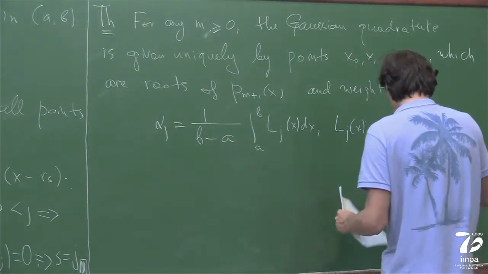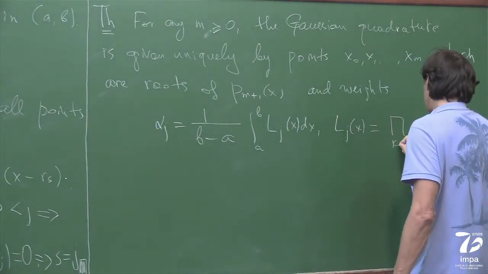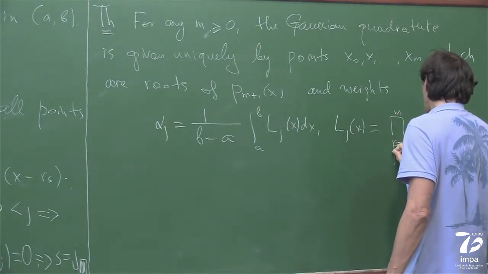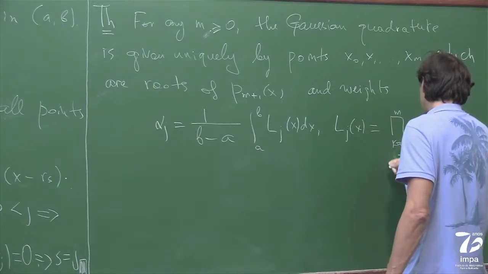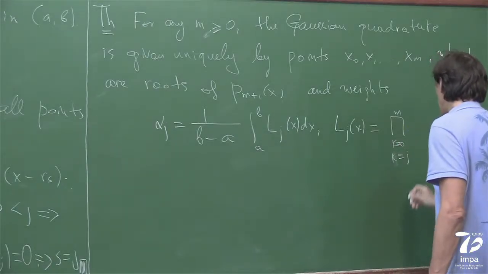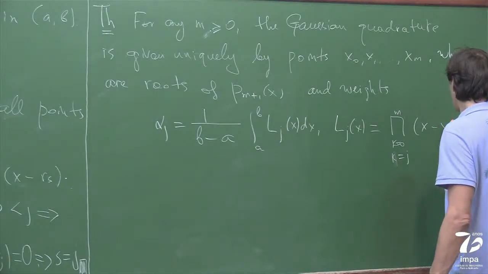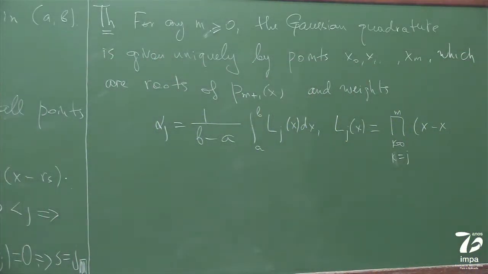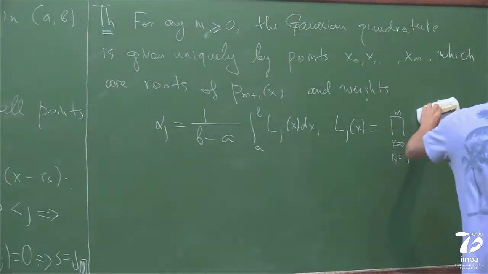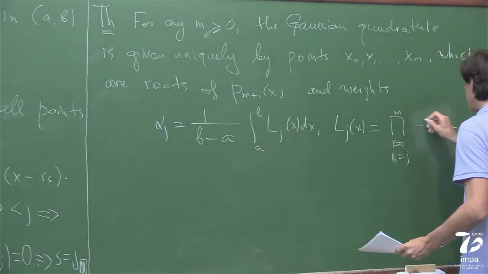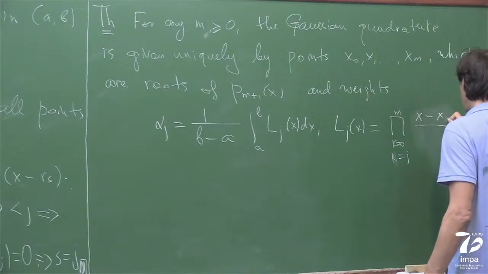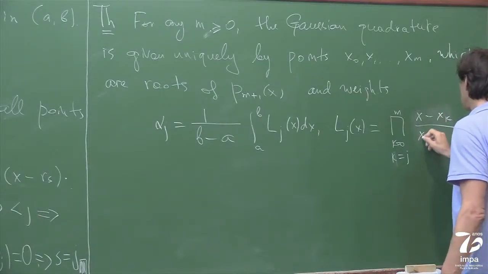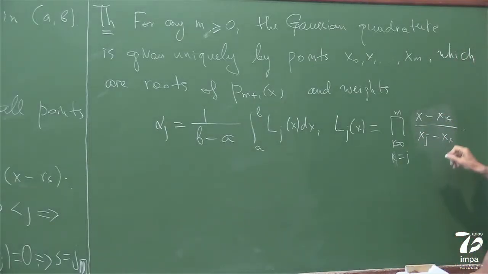Just to recall, L_j of x is a polynomial obtained as the product of the ratios x minus x_k over x_j minus x_k.